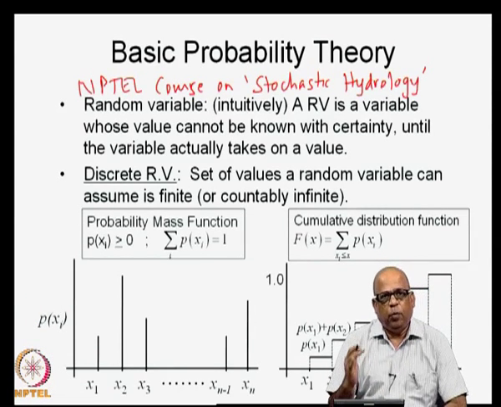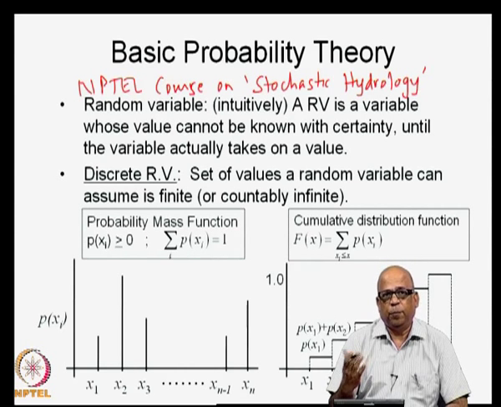So, there is an important concept of a random variable. Let us say you look at the inflows. Inflows are generated by precipitation typically, along with the other processes that take place in the catchment, such as evaporation, depression storage.